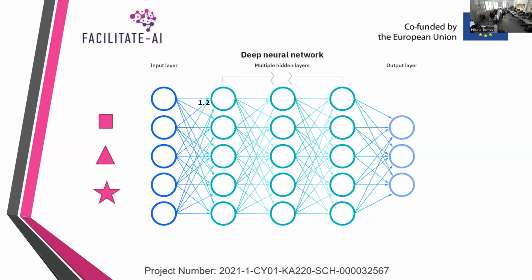And with some math behind it, you arrive at these three outputs. It gives you a probability that the result is a square, let's say 0.5, a probability that it is a triangle, and a probability that it is a star. It's completely off in this one because it is 0.5. So it means it predicts randomly. So it's not a good model.